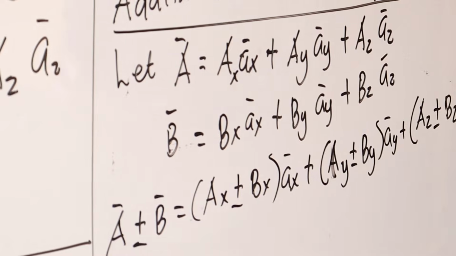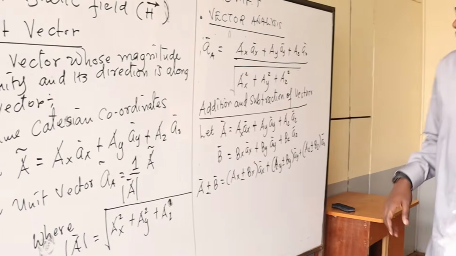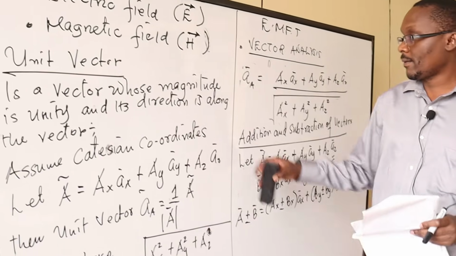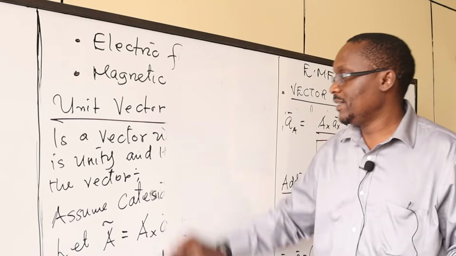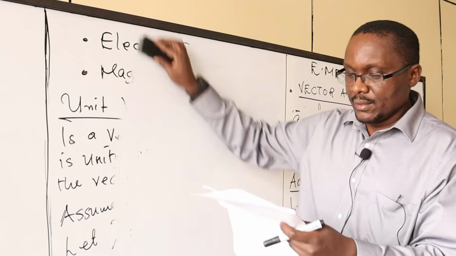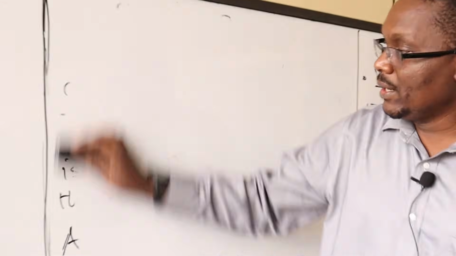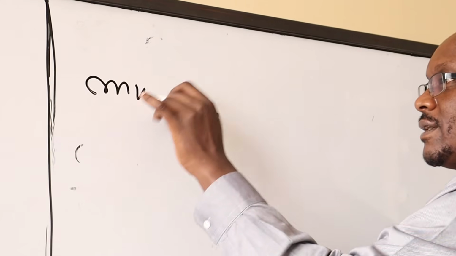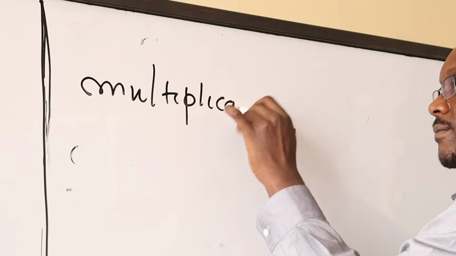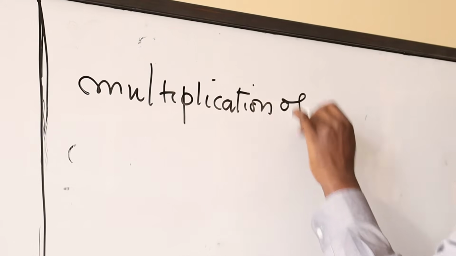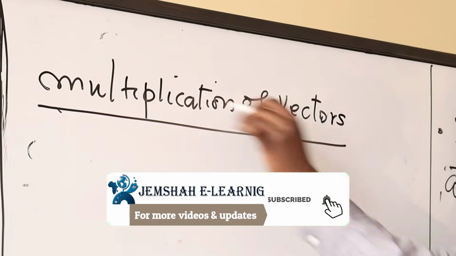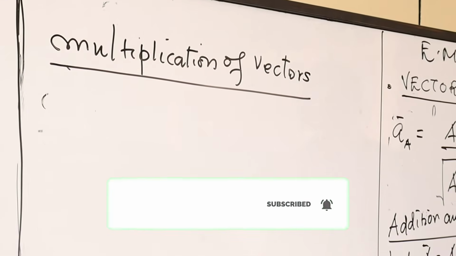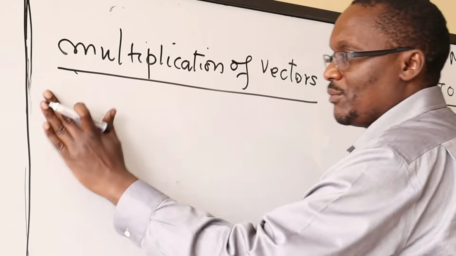Apart from addition of vectors, as we've done it there, we'll also look at multiplication of vectors. How are we going to multiply our vectors? Vectors can be multiplied in two major ways.